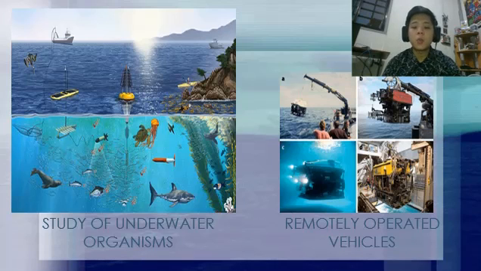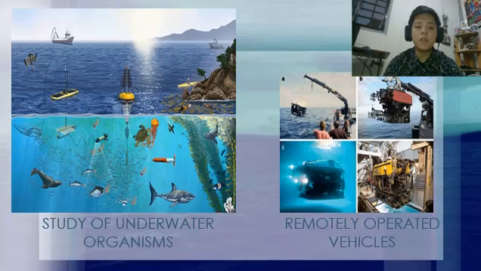The study of underwater organisms and remotely operated vehicles. So, the study of underwater organisms, or marine biology, is the study of marine organisms, their behaviors and interactions with the environment, and marine biologists study biological oceanography, while remotely operated vehicles are used when diving by humans is either impractical or dangerous, such as working in deep water or investigating submerged hazards.